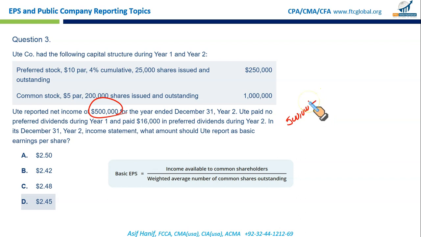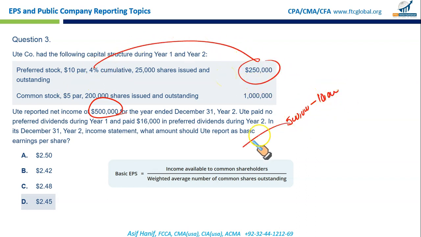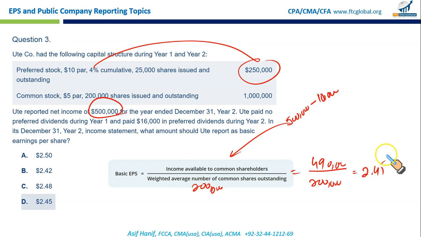So just for this year, $10 par, 4% cumulative, that means 4% of this amount, that is $10,000. So this is your income available to common stockholders, and the denominator will have 200,000 shares. So it's going to be 490,000 divided by 200,000 shares, and your basic earning per share is 2.45, and that's D.